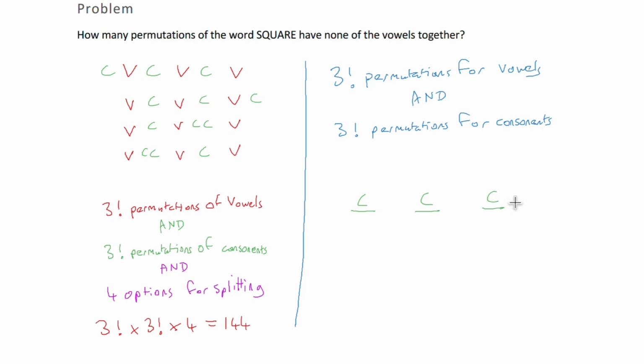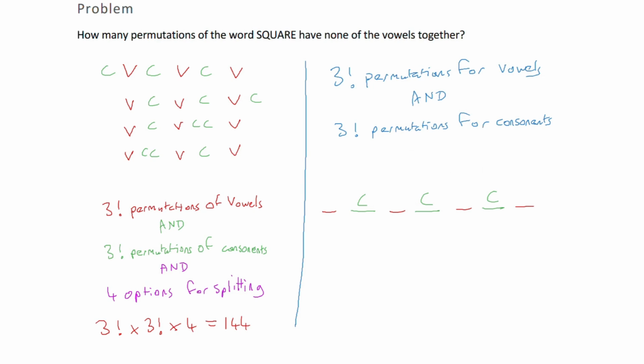Now, what's the deal with where I can put the vowels? Well, in this case, I have 1, 2, 3, 4 places I could put the vowels. And I need to put in 3 vowels. So I need to choose 3 of these gaps. If I choose any 3 of these gaps, then the vowels are going to be separated.